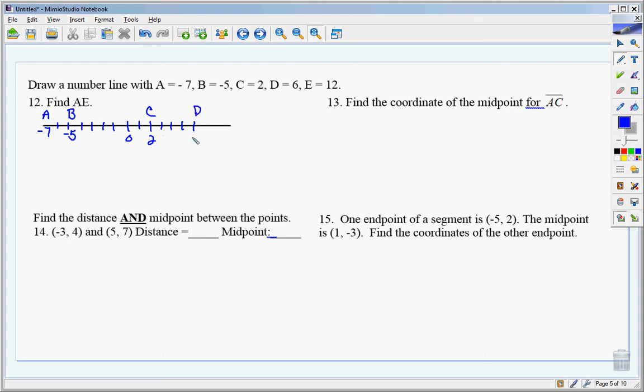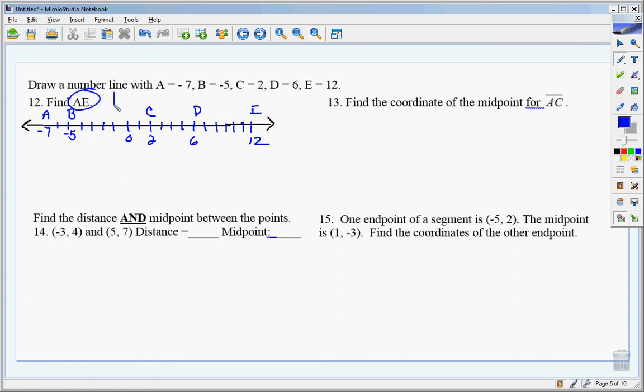Label D as being 6. Label E as being 12. Okay, they said find AE.